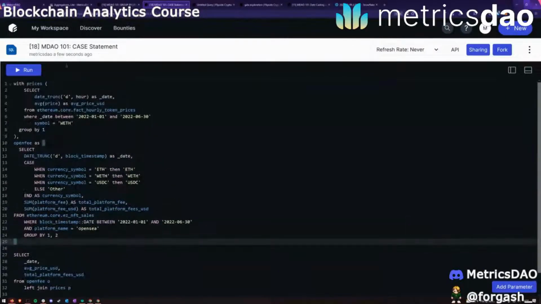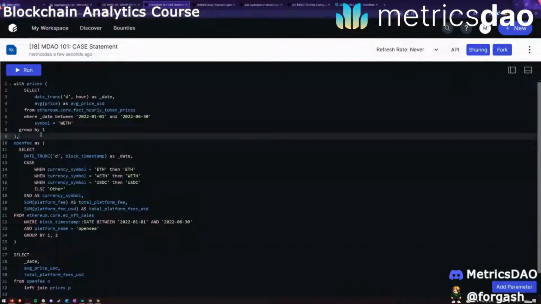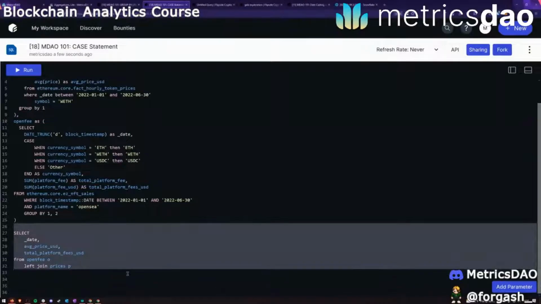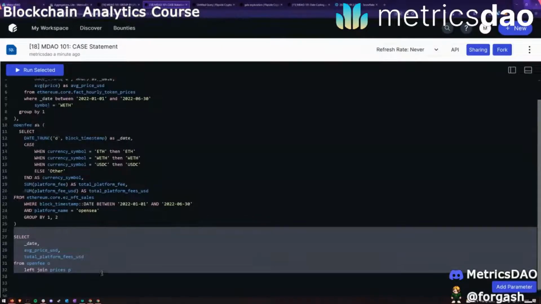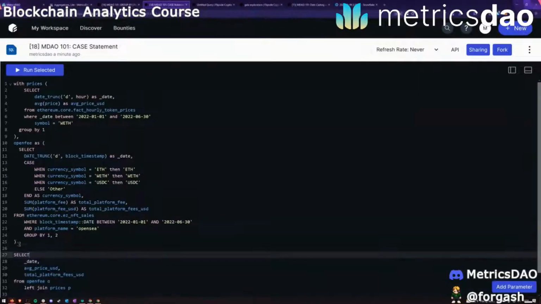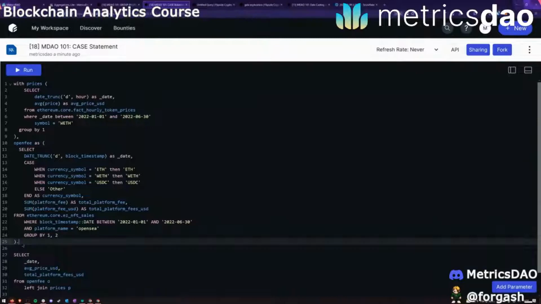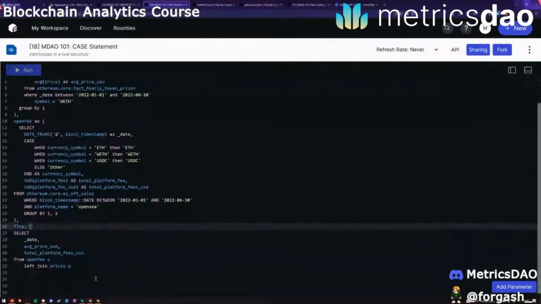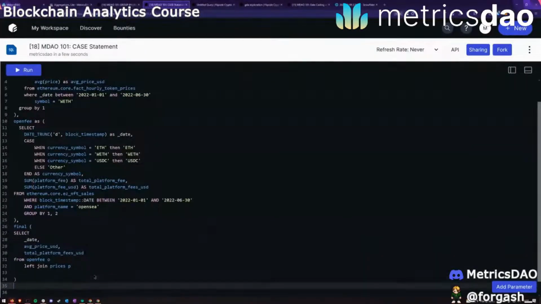Think of these as creating those local tables in memory that are happening up here. And then my main query down here is selecting from those that were created before in the open fee and prices CTEs, common table expressions. I could, if I wanted to, wrap this one in another CTE syntax here.